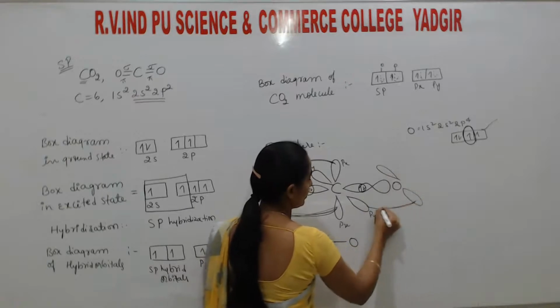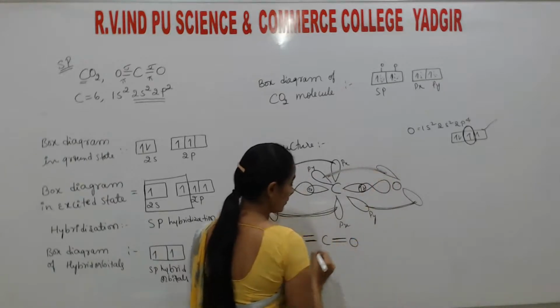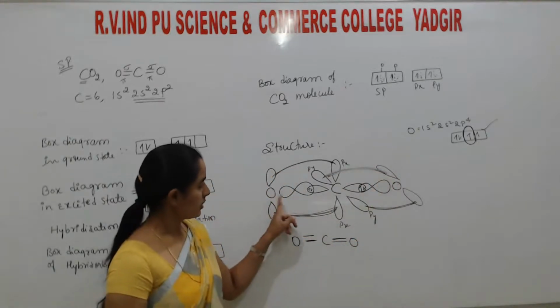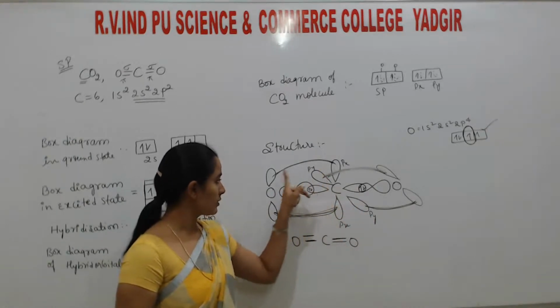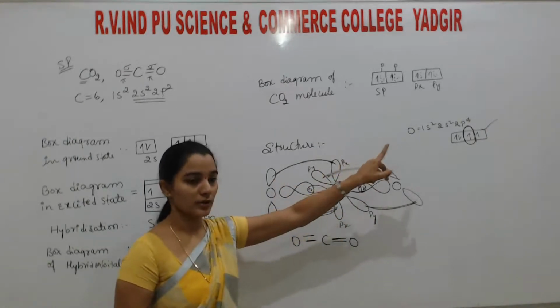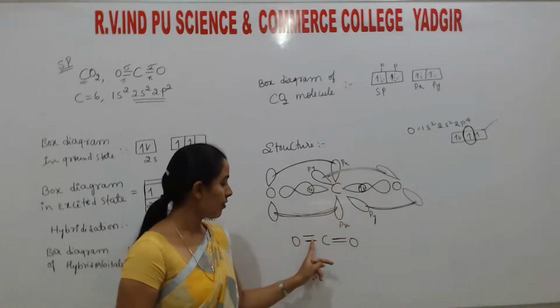Okay, so they will form another pi bond. You are getting the sigma bonds. So one p orbital of oxygen mixes with one p orbital of the carbon to form a pi bond.